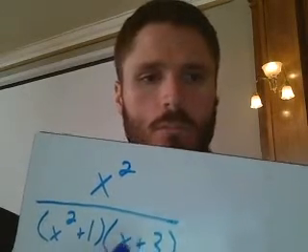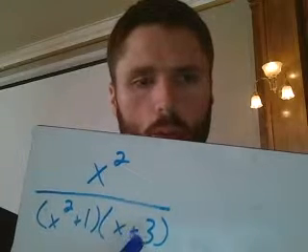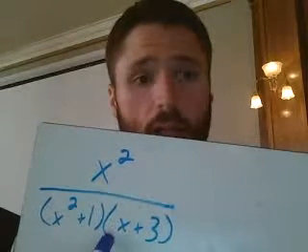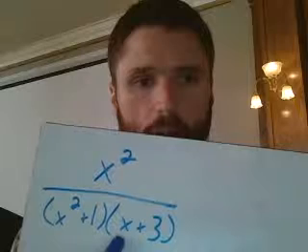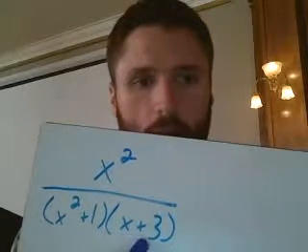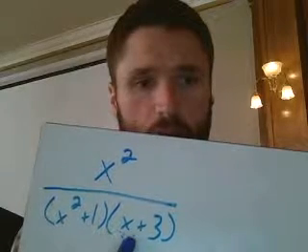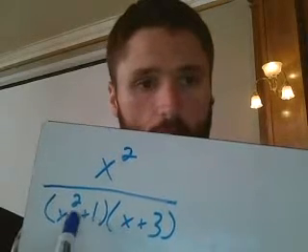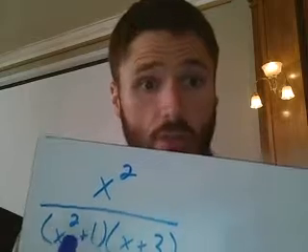Well, what would happen if we plugged in a -3 right here? If we plugged in a -3, -3 plus 3, this whole thing would be 0, and 0 times anything is always 0, right?